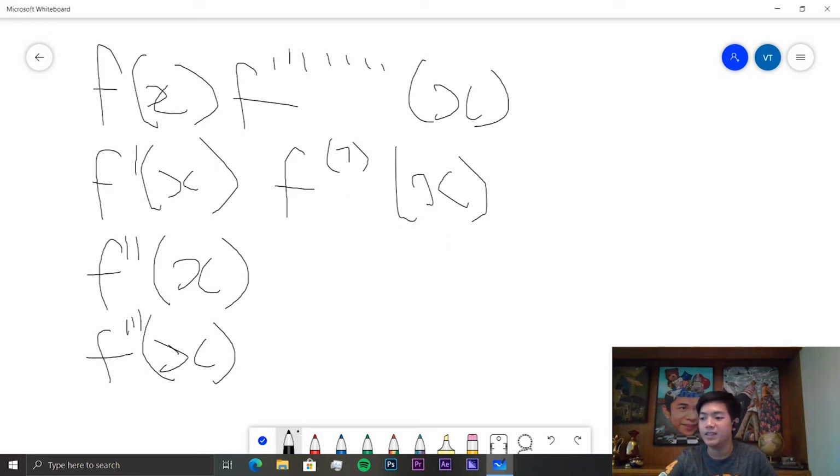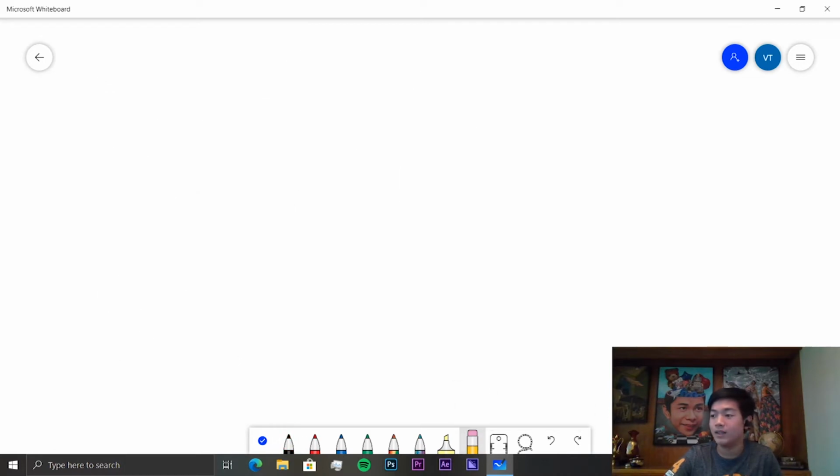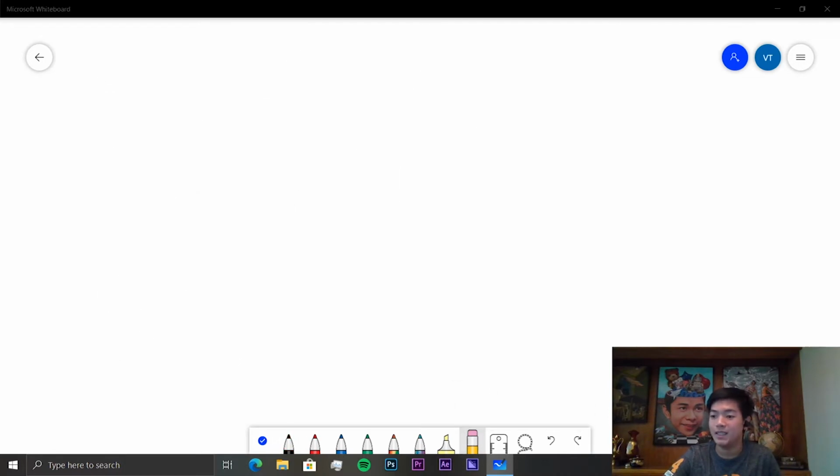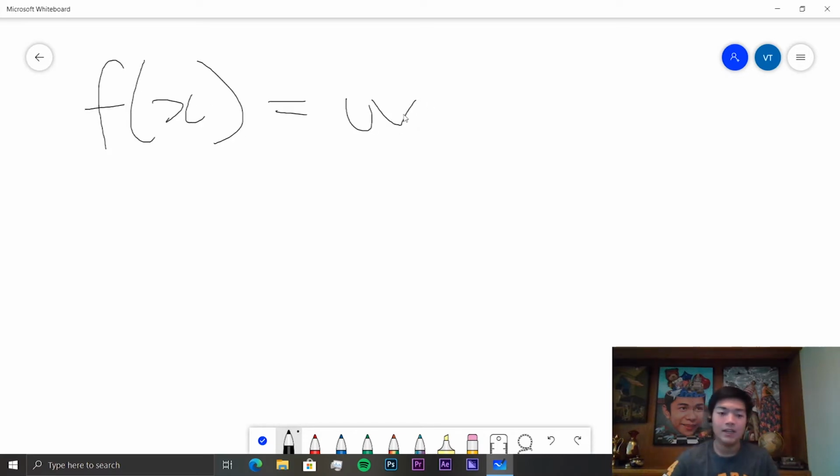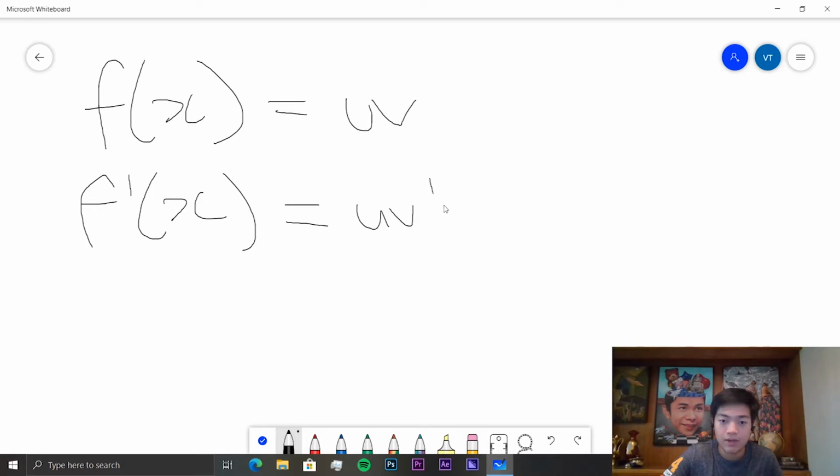And there is one formula that may help us a teensy bit here, and it's called Leibniz's formula. What that states is if we have a function f of x that's made up of two functions, u and v, we can use the product rule. The first derivative will be equal to uv prime plus vu prime.